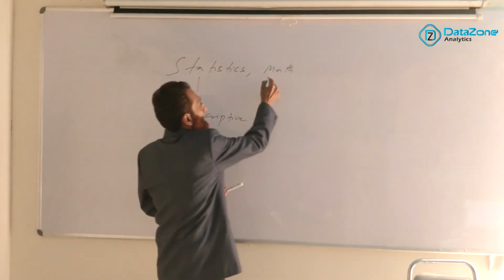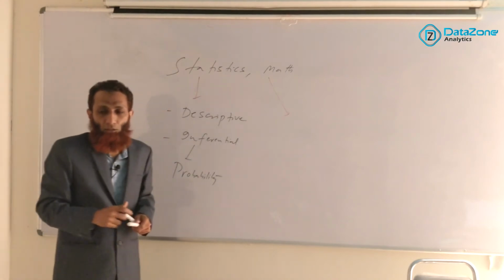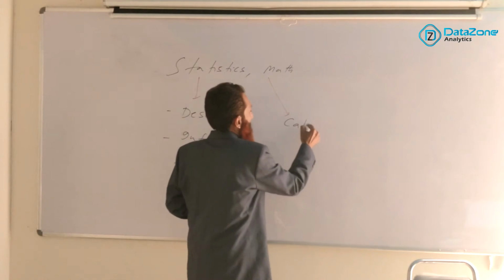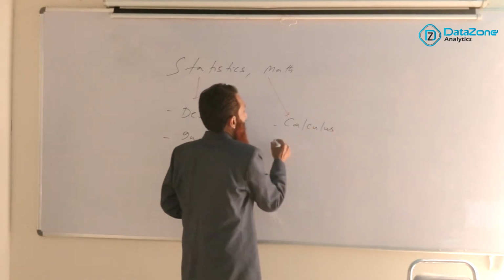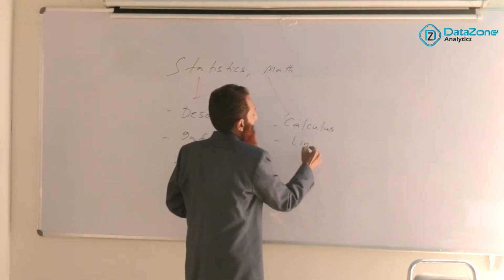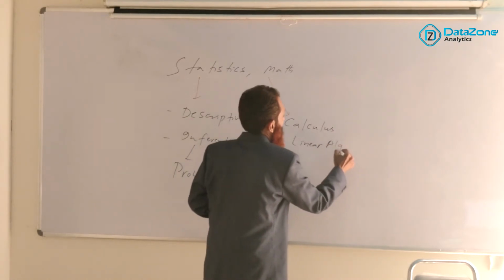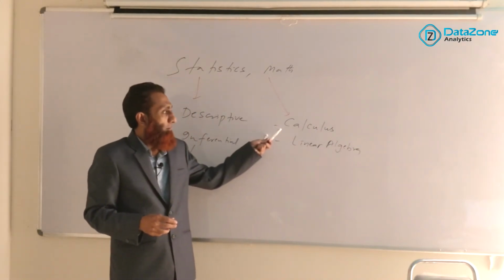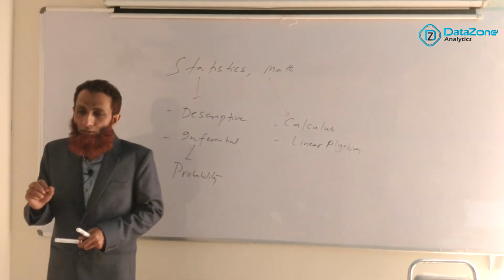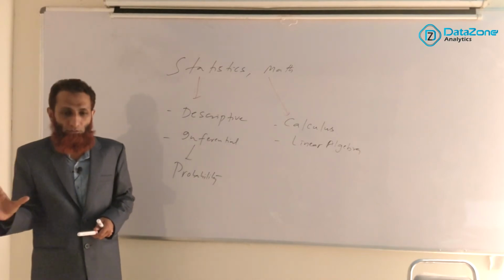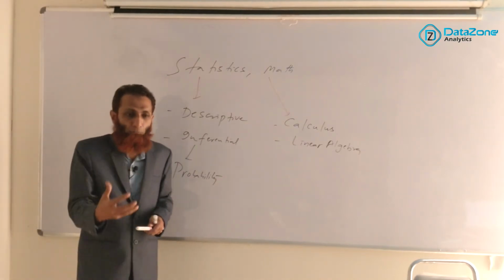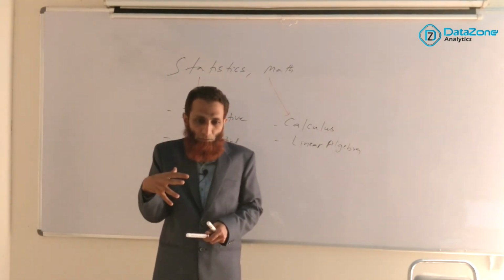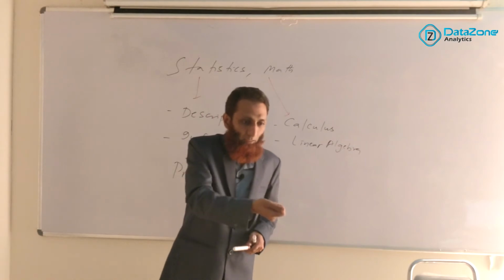When we talk about mathematics for data science, there are two branches used. One is calculus and linear algebra. Now if you look at, we discuss about predictive models. We are going to create predictive models. We use the past data and we apply algorithms and we create a model which is going to predict.